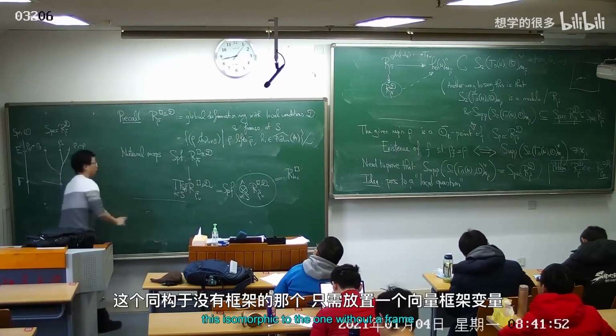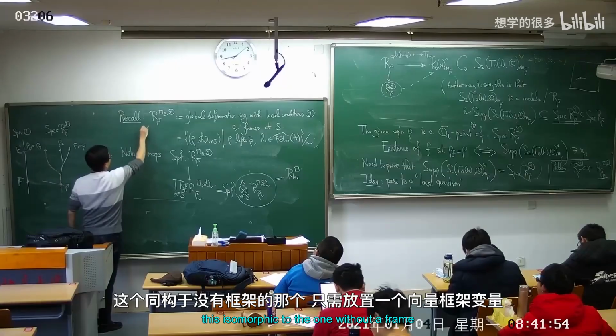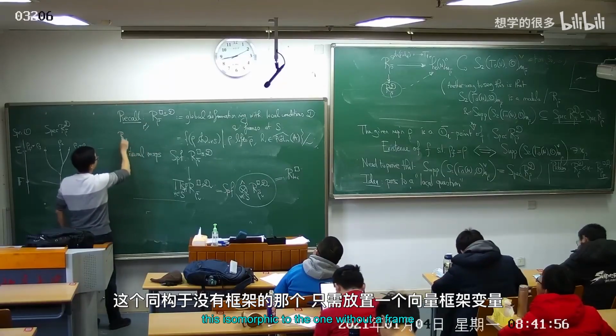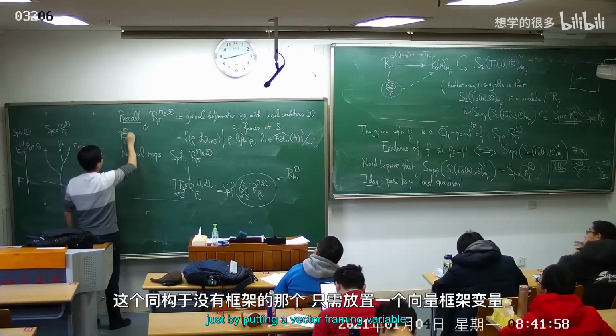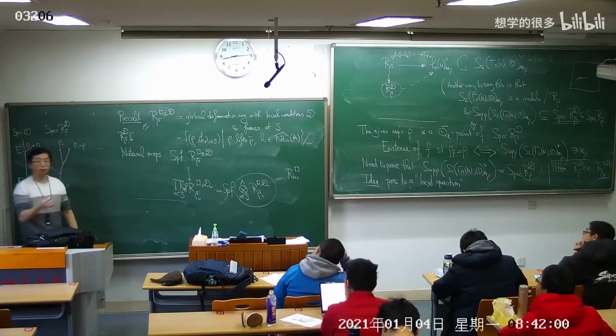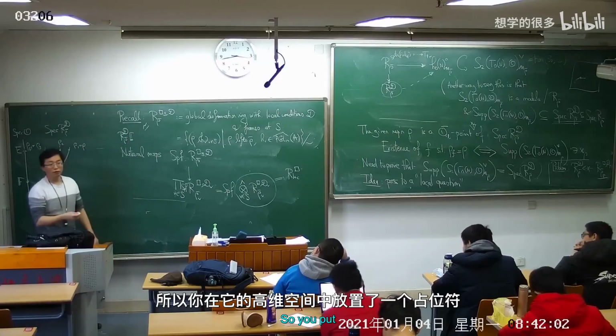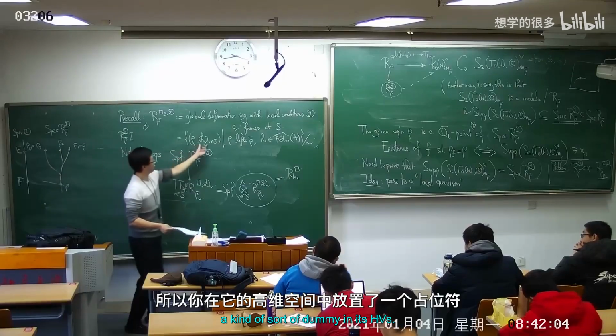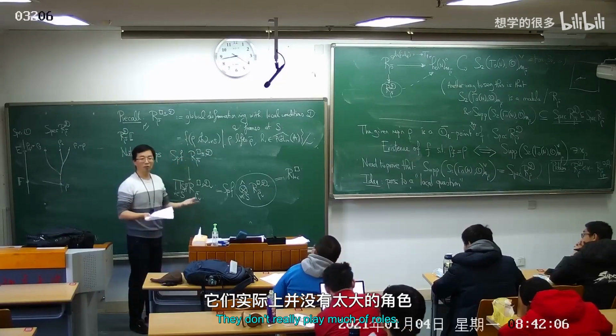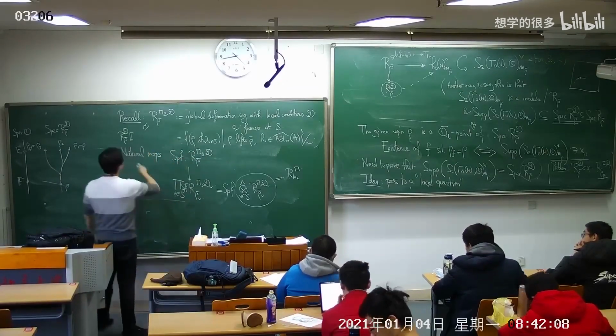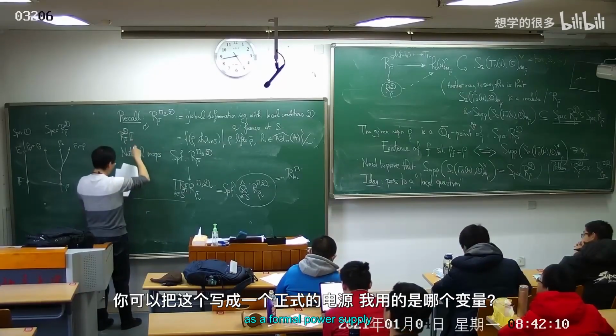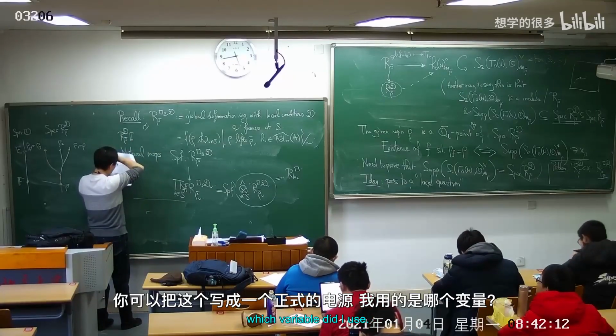Also recall that this is isomorphic to the one without the frame just by putting in a bunch of framing variables. So you put a bunch of dummy variables, they don't really play much of a role. In fact, you can write this as a formal power series ring. Which variable did I use?